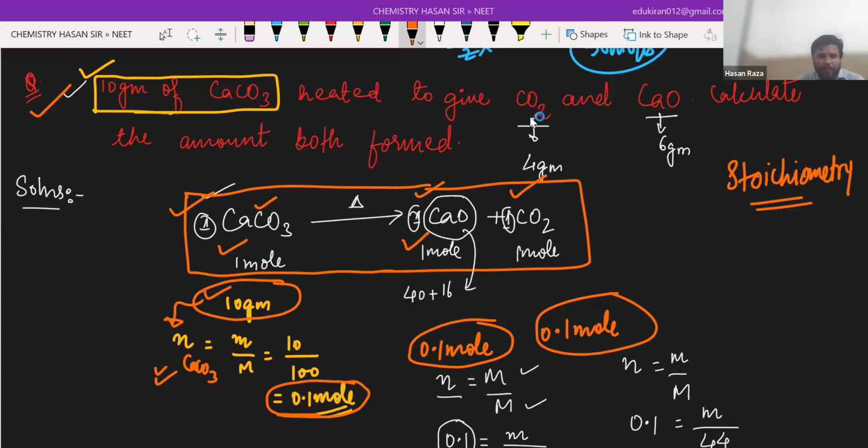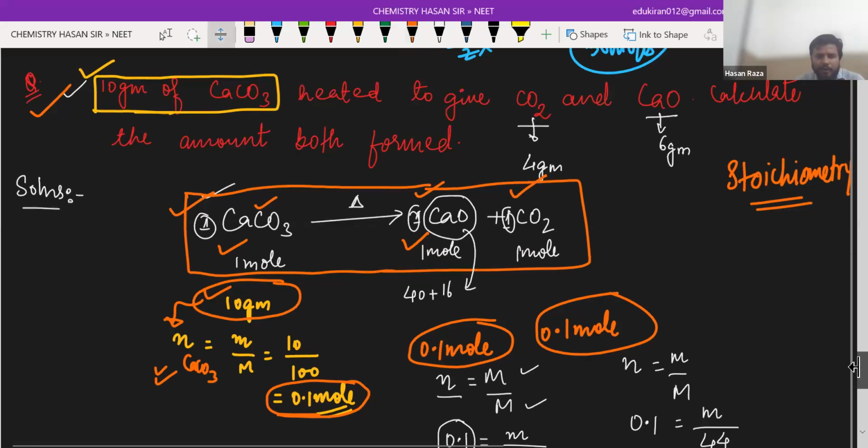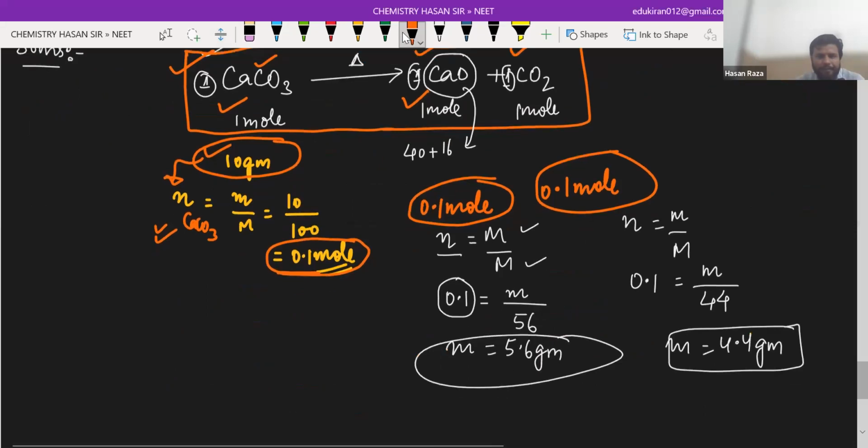Let me know when you are done with this, Siddhika and Rishita. So can you scroll down? Siddhika, are you done with the above one? Yes, sir. Okay.